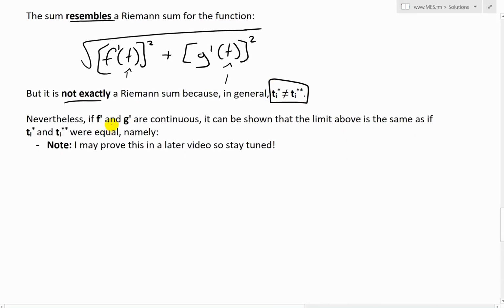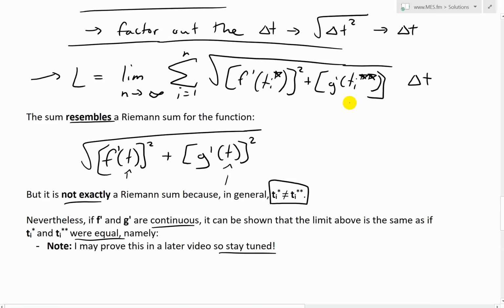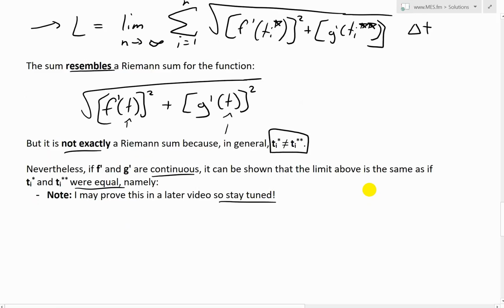Nevertheless, if f prime and g prime are continuous, meaning the derivatives exist, it can be shown that the limit above is the same as if t_i star and t_i double star were equal. I may prove this in a later video, so stay tuned. If we assume they are equal, then we can write this Riemann sum as an integral, by definition.